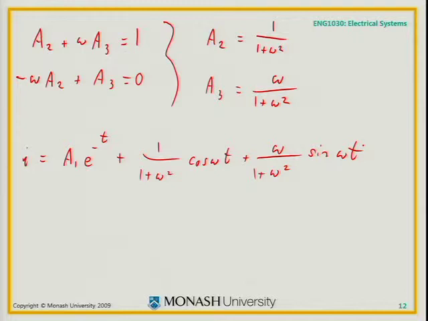A1 I can get from an initial condition. So if I wanted to get the complete solution, you told me the initial condition now, what's I0 for example, then I can work out A1. And I would get exactly the solution that I plotted before.